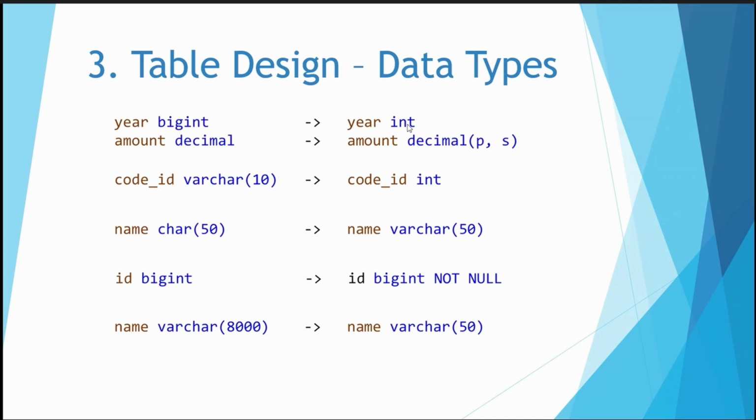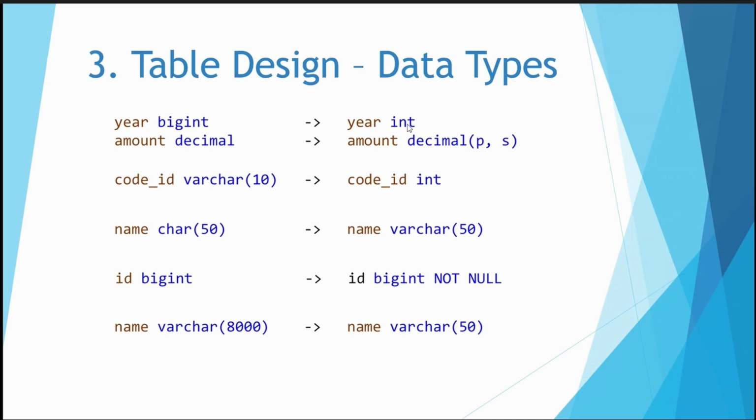Use that instead. Actually, probably even use small int. If you're using a decimal, don't declare it just as a decimal, because then it's going to use the default precision and scale, which I think is maybe 38,0. Declare it with the right precision and scale that you want to use.